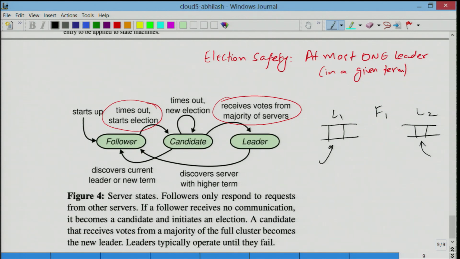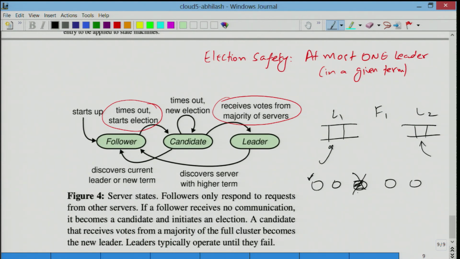Okay, so how does quorum ensure this? Let us say we had 5 replicas. This replica was the leader, right? And this crashed. So then someone will become candidate, and when they become candidate, they increase the term number.